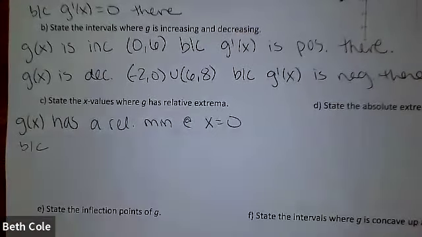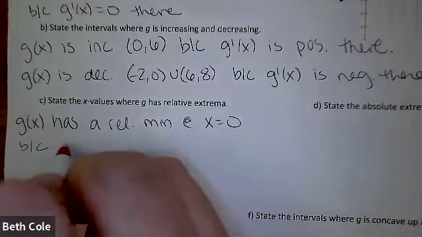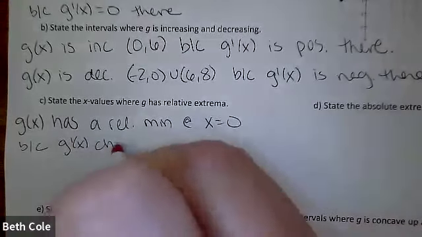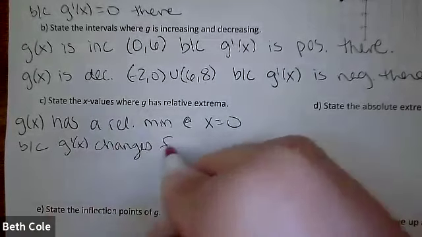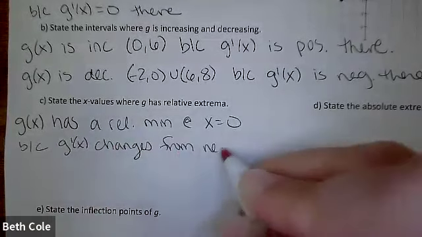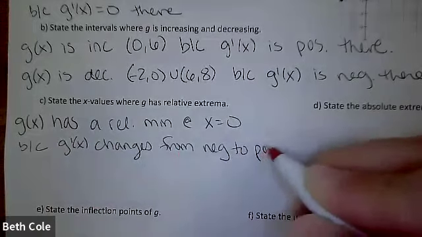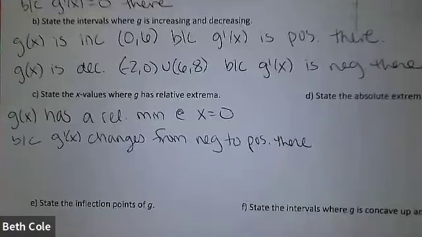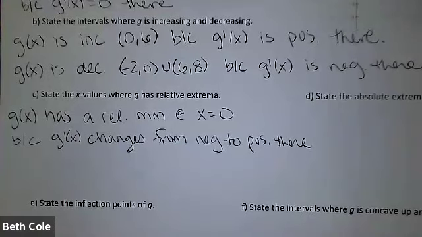because, who's your source that you're citing? G prime does what? Changes from negative to positive there. I would stick with changes. Goes is a little bit like, I would give it to you, obviously, but changes is more a math vocabulary word.